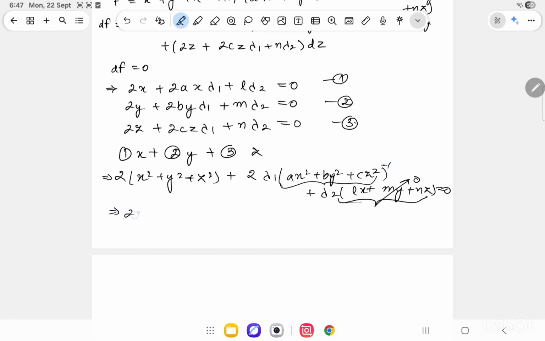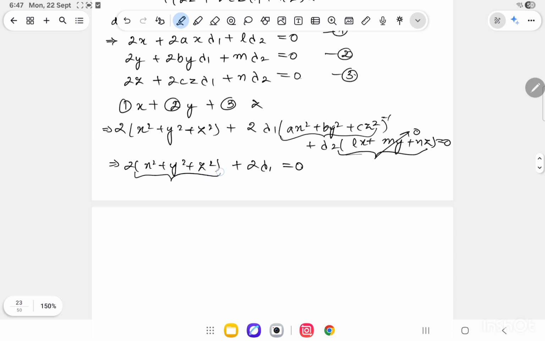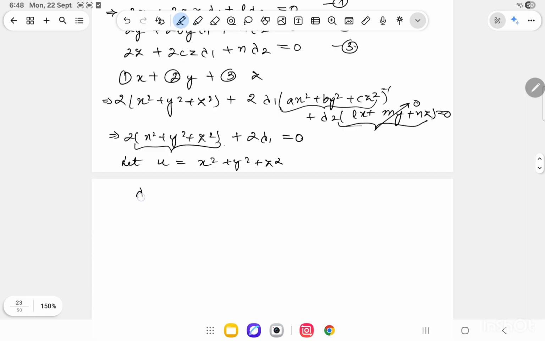So we get 2 times (x square plus y square plus z square) plus 2 lambda 1 equals 0. This is the function whose value we are supposed to find, so let's name it u for the time being, where u is x square plus y square plus z square. Simplifying, I'll get lambda 1 as minus u.